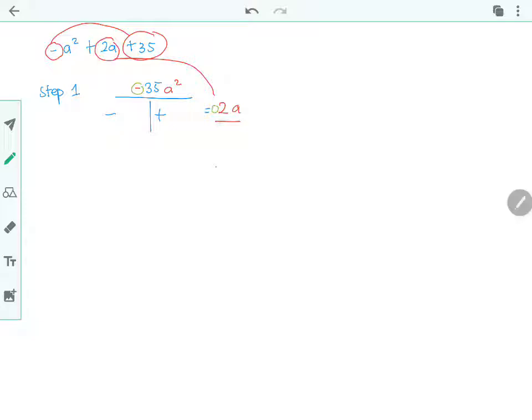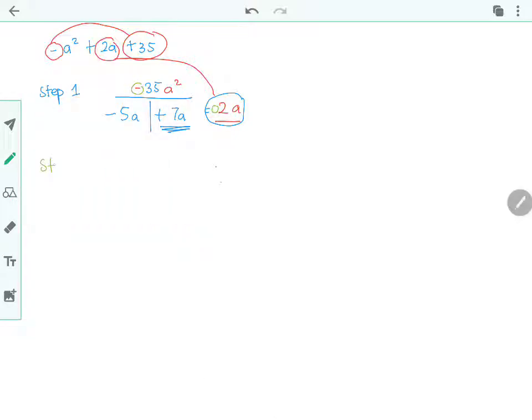And since the result of the addition is a positive number, the positive number must be bigger than the negative number. If you think carefully, we will realize that the positive number will be 7a, and the negative number will be 5a.